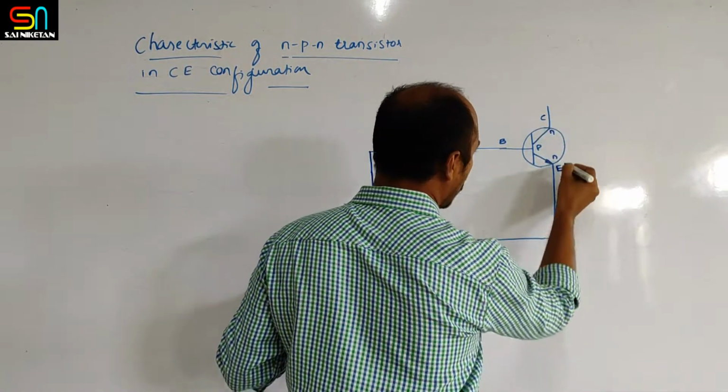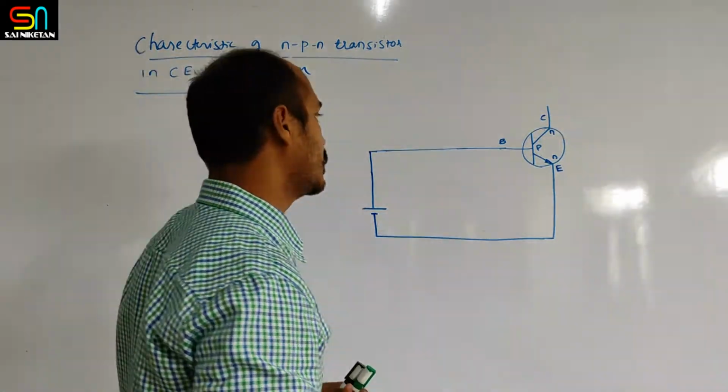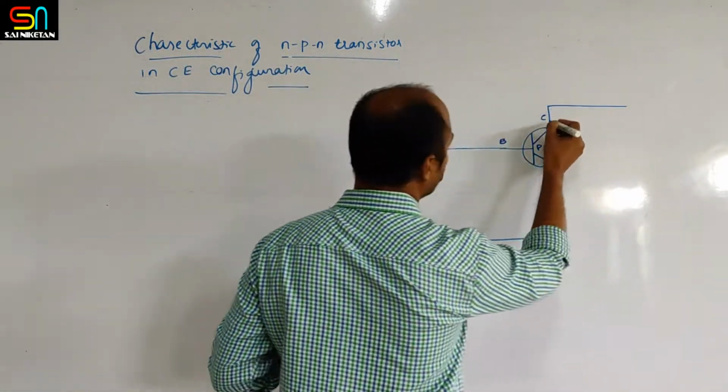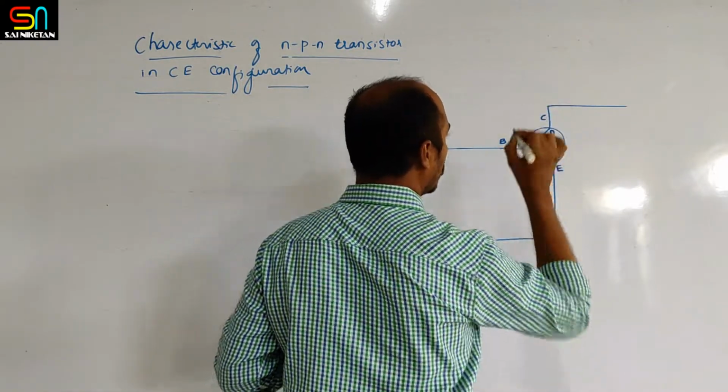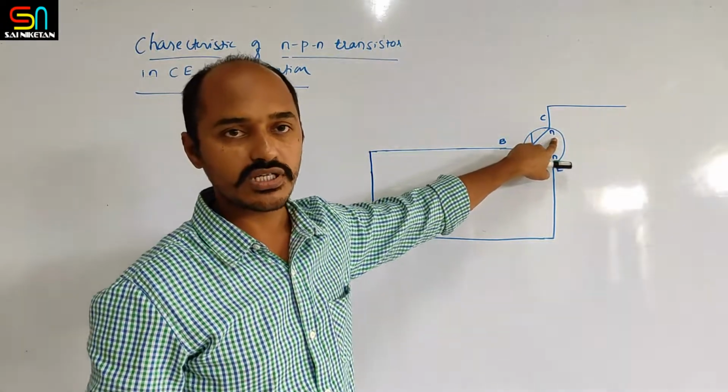Now the collector emitter junction must be in reverse bias condition. Reverse bias means this is the N side, or N-type semiconductor, where electrons are the majority charge carriers.